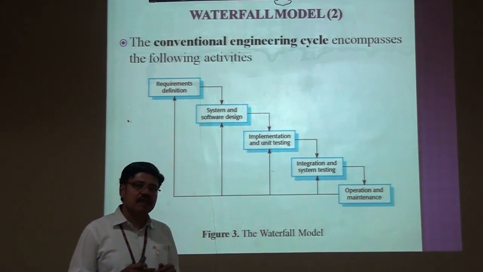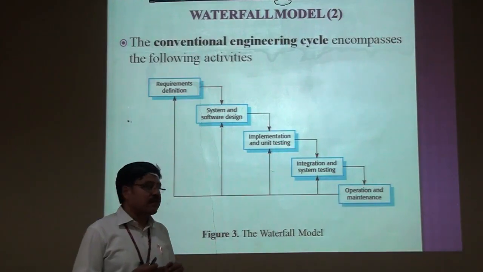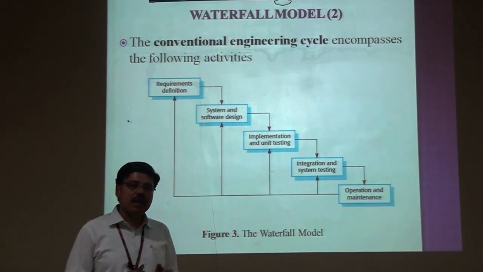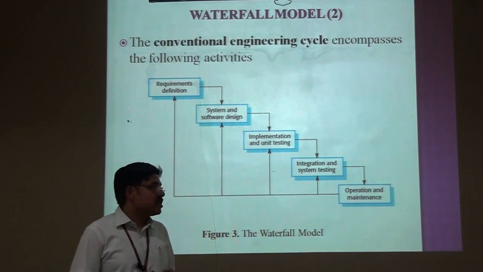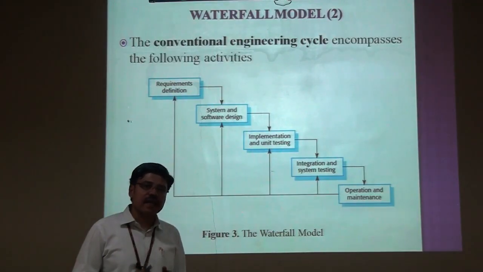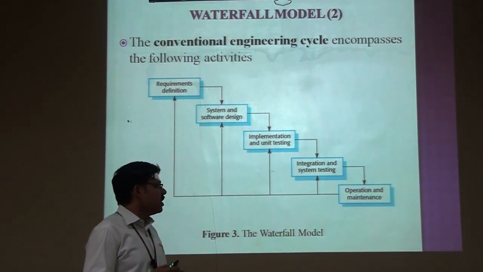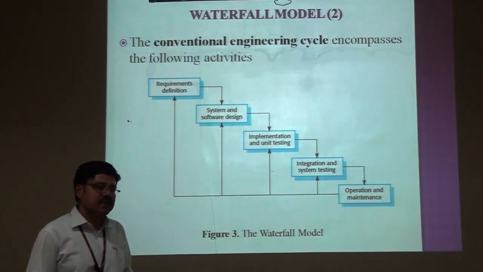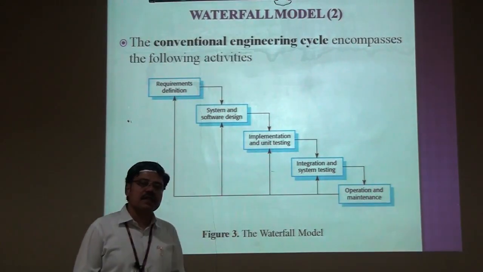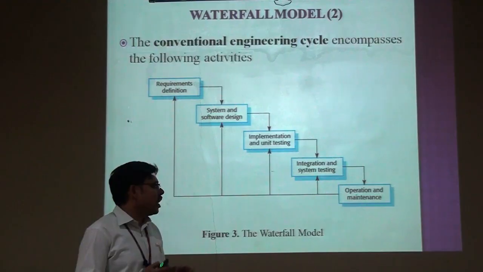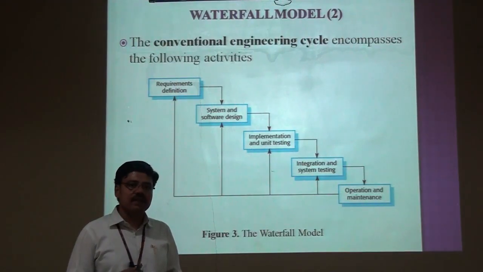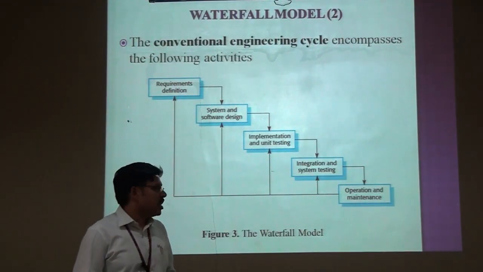Each and every module is tested, and finally we integrate all the modules in order to come out with the final system. After integrating the modules, we do the system testing. Once the system testing is over, the software is installed in the client's environment, and then we do the maintenance if the customer needs any changes.